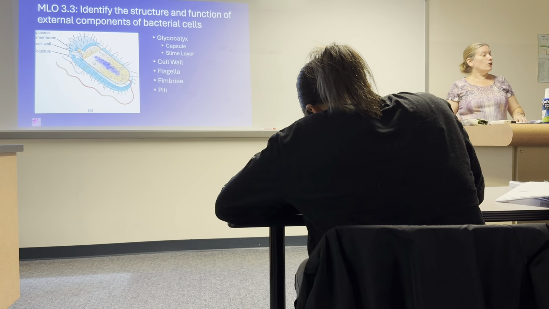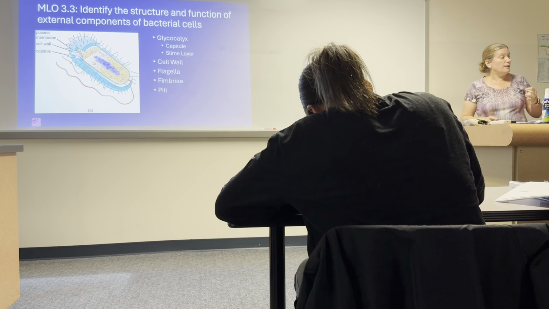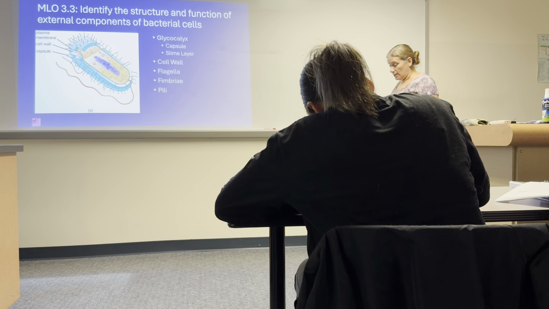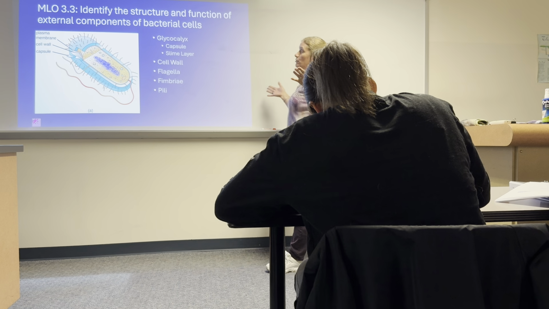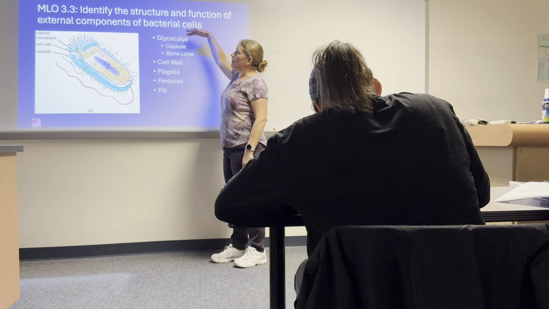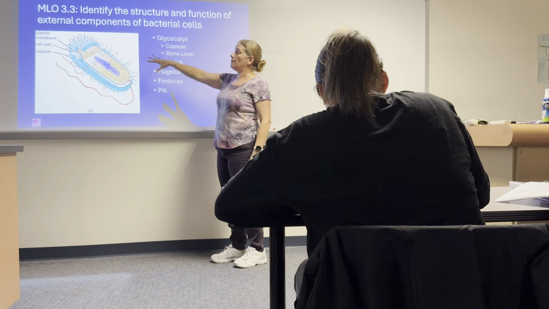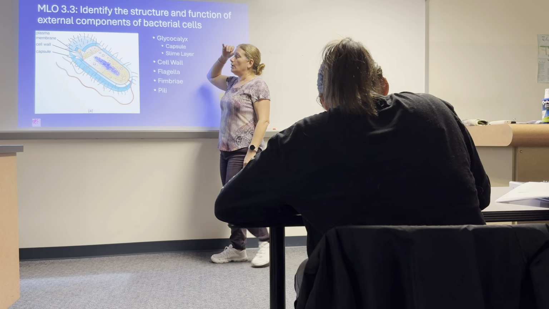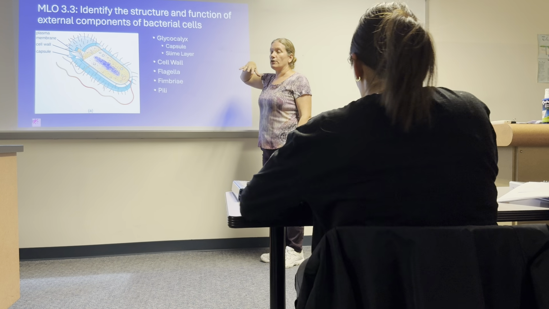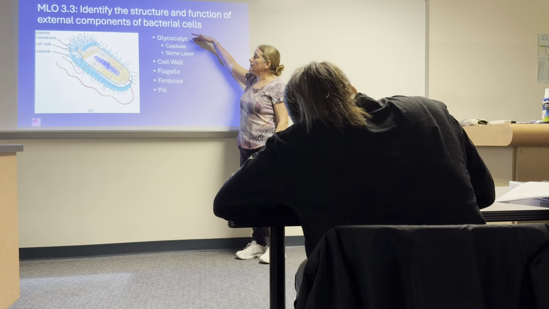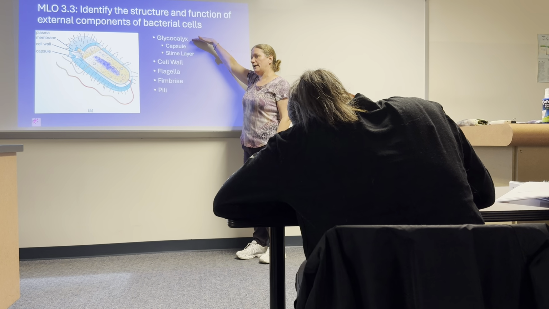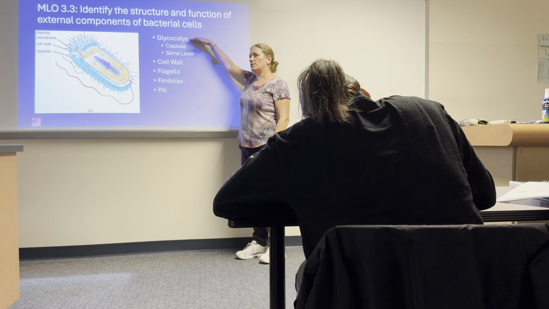But we are going to start at the outside going inward, and so as we start on the outside moving in for a prokaryotic cell, specifically a bacterial cell, although the archaea are very similar, you can have a glycocalyx. A glycocalyx is optional.